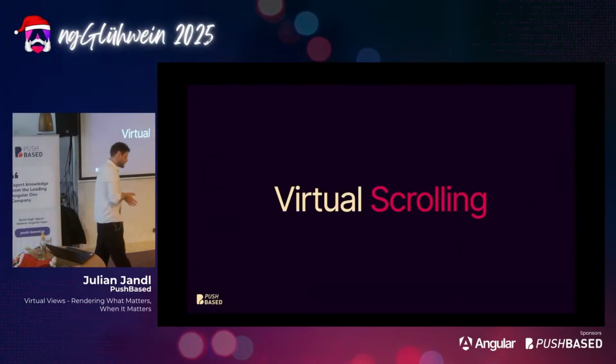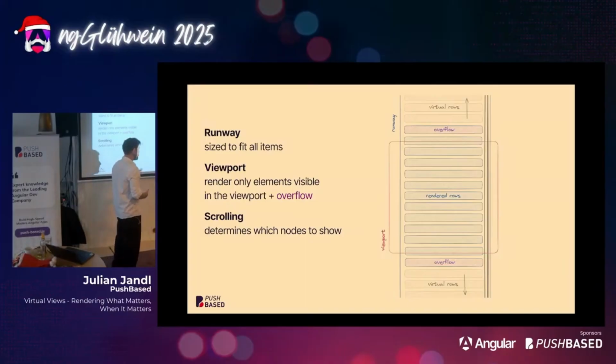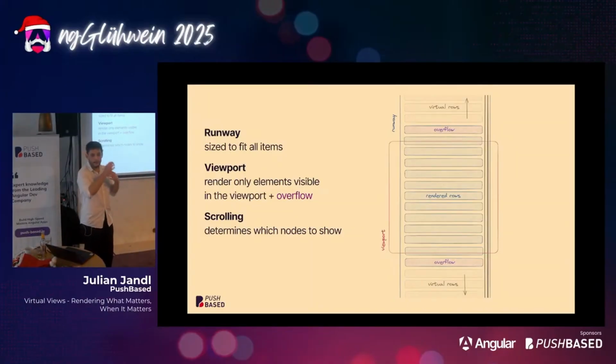So the first topic that maybe comes to your mind is, yeah, okay, let's use virtual scrolling. Virtual scrolling is a great idea. Just to onboard everyone, what virtual scrolling really means is the concept of rendering only the stuff that you currently have in your viewport. And this is a great concept.